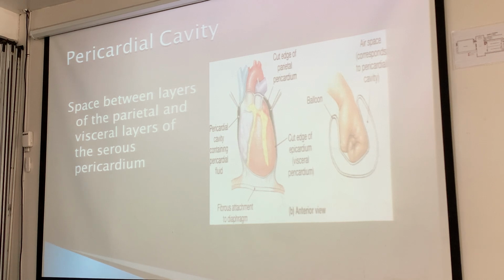The only time it gets restricted is if the pericardium itself gets infected or thickened. There's another story, okay? So if it gets infected, then that's the time the heart is restricted.